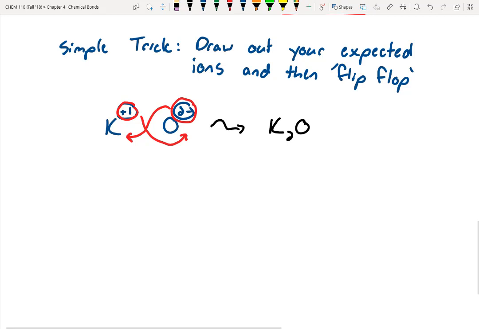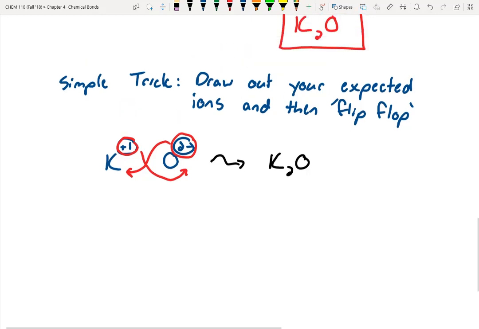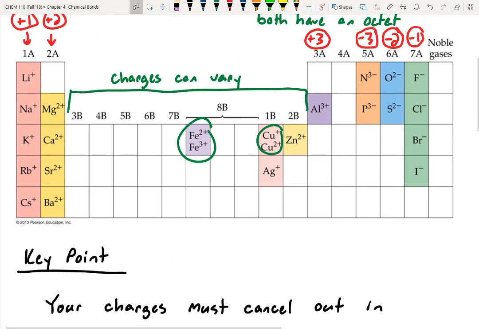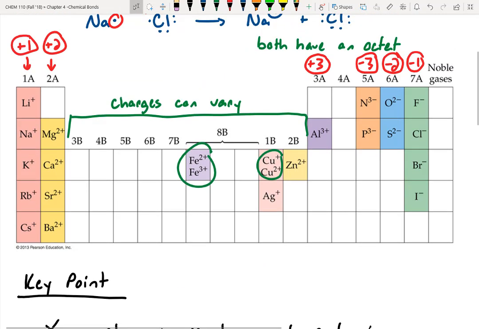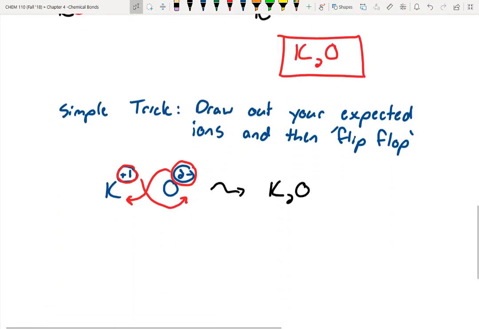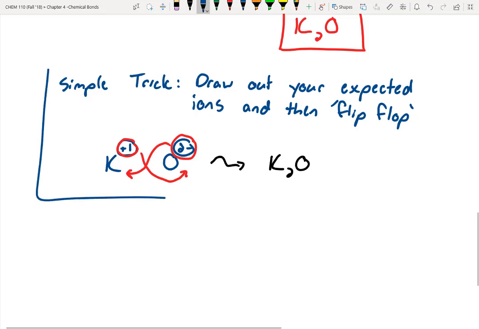Does that make sense? It's a little bit weird, but you've got to remember the overall charge based on what column it's in. The easiest way to do is to kind of pencil it out on your periodic table. +1 is group 1A, +2 is 2A, +3 is 3A, skip 4A, and then 5A is -3, 6A is -2, 7A is -1. All right, so now let's try a harder one. So let's box this off.